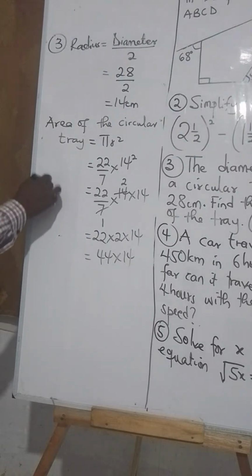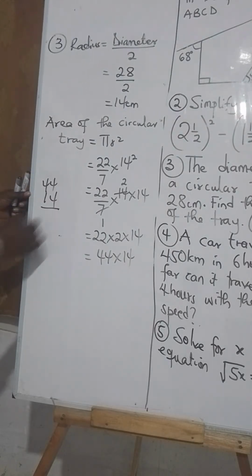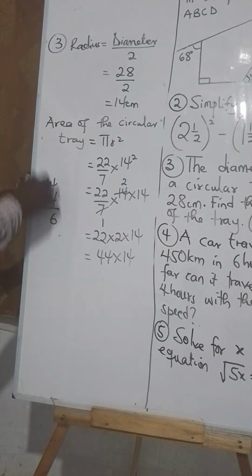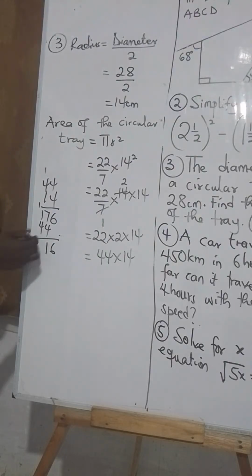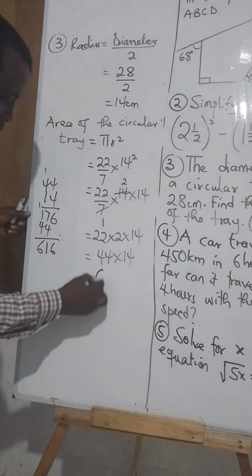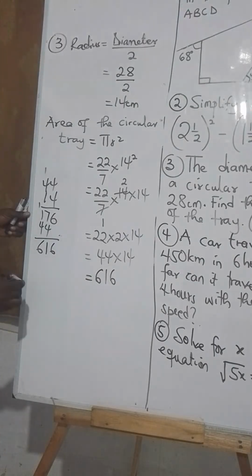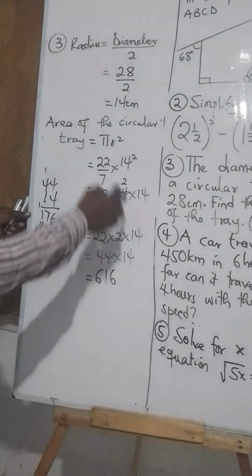We have 44 times 14: 4 times 4 is 16, carry 1, then 4 times 1 is 4, plus 1 is 5, and so on. So this will give us 616.